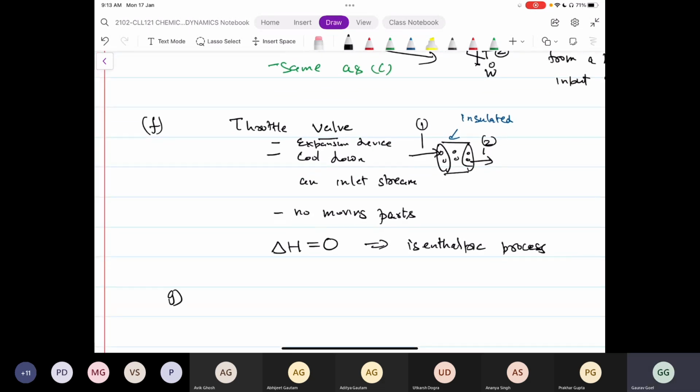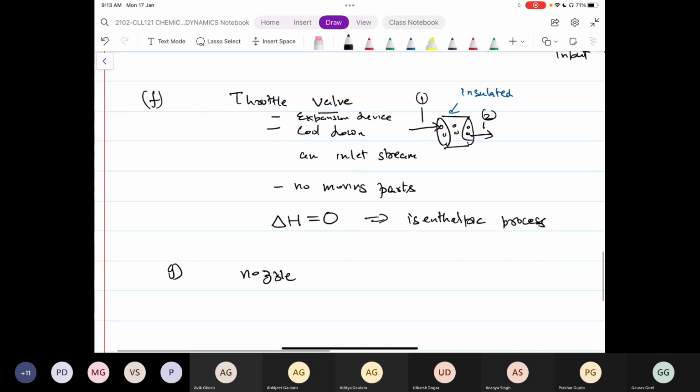Last is a nozzle. What is the job of a nozzle? Where do we use nozzles in processes in industrial settings? To increase the velocity.